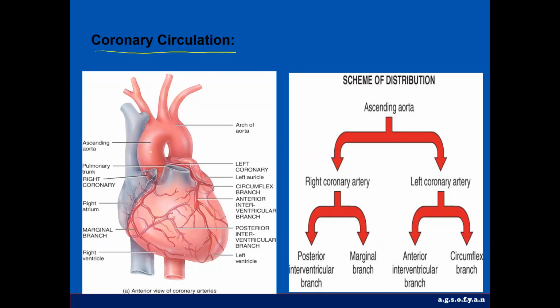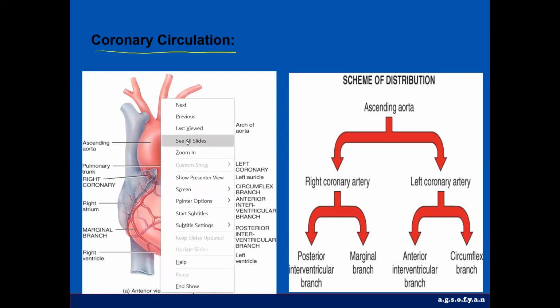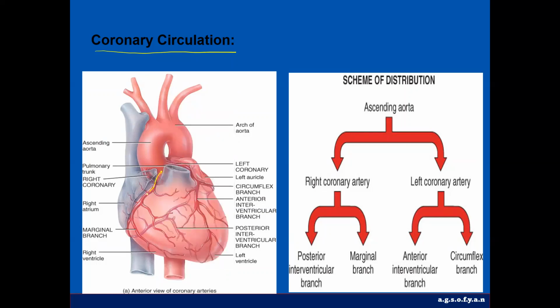So if you see here, this is aorta, and this aorta over here has branches. These are called the coronary arteries, right and left, and these coronary arteries carry oxygen, carry blood to the heart muscle, and then from the heart muscle it is returned back to the right side of the heart, the right atrium. So this is what we call the coronary circulation.